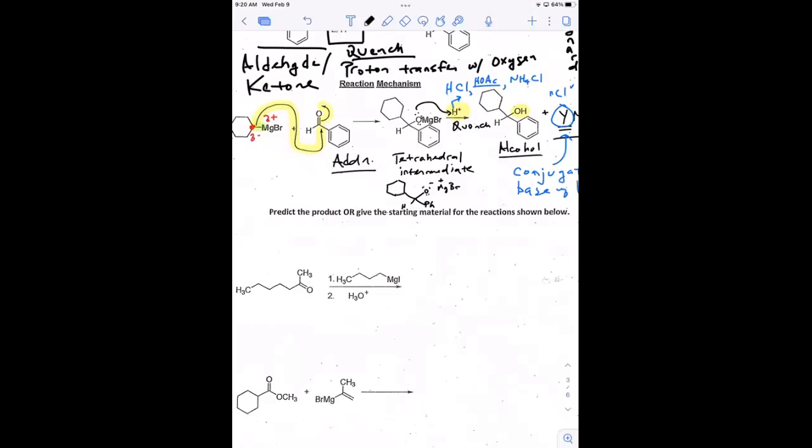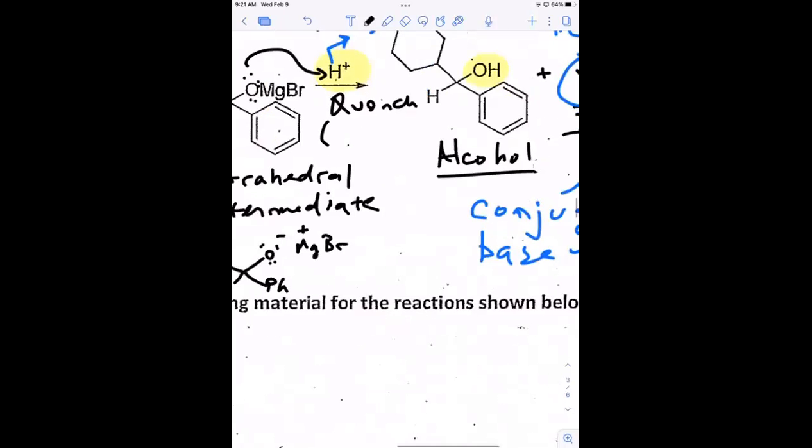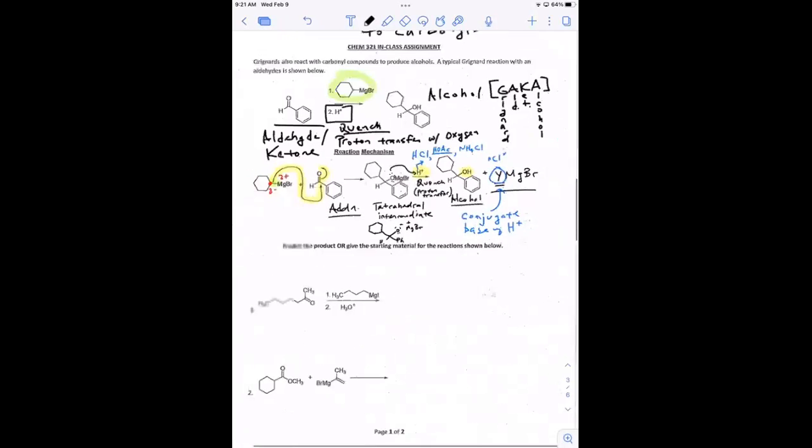So there's addition, you get the intermediate, and then the final quench step is just a proton transfer. All right, questions about that addition?